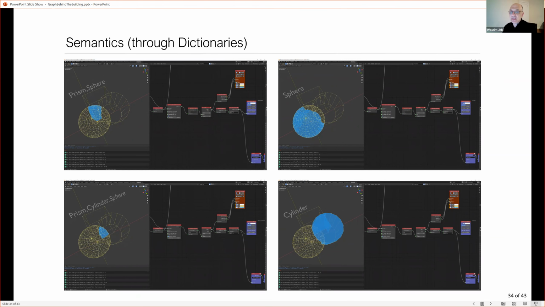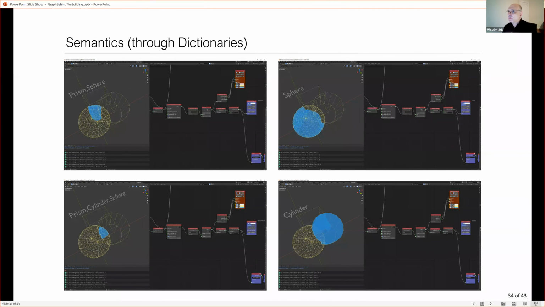For example, what you see here on the screen, I have a prism, a sphere, and a cylinder. They have dictionaries that say, I'm a prism, I'm a sphere, I'm a cylinder. When you do Boolean operations, like union, intersection, subdividing, difference, taking one out of the other, or slicing, we have a lot of Boolean operations that we can do, manifold and non-manifold.